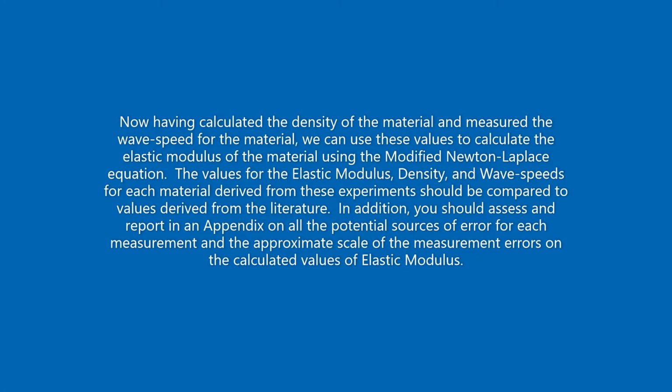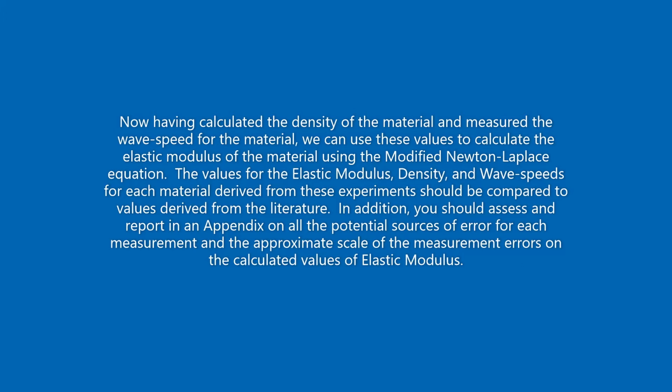Now, having calculated the density of the materials and measured the wave speed for the materials, we can use these values to calculate the elastic modulus of the materials using the modified Newton-Laplace equation. The values for the elastic modulus, density, and wave speeds for each material derived from these experiments should be compared to values derived from the literature.